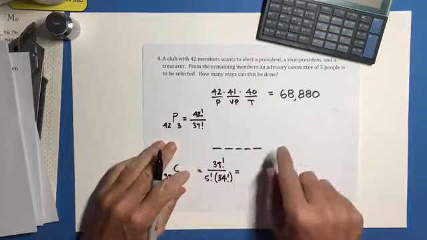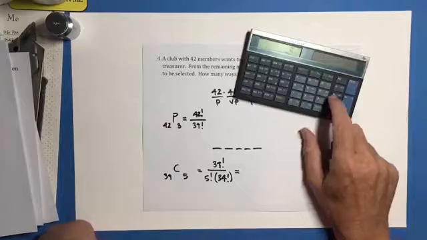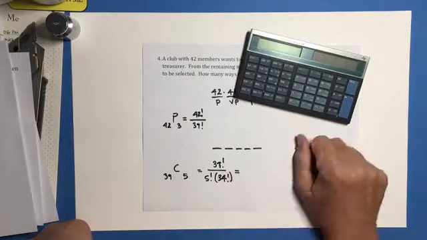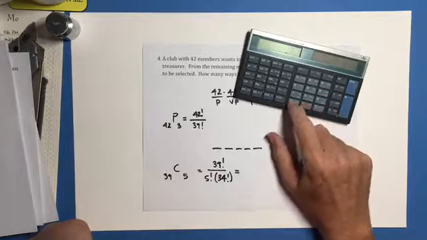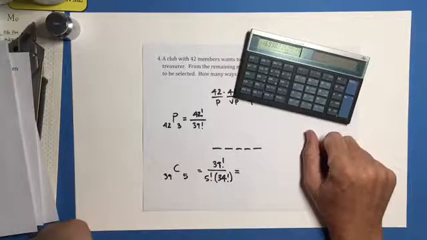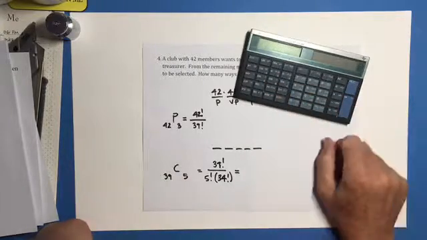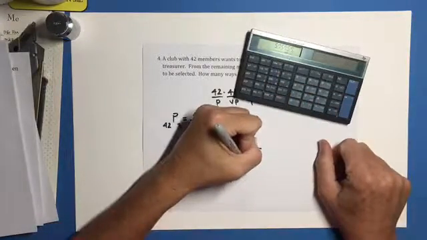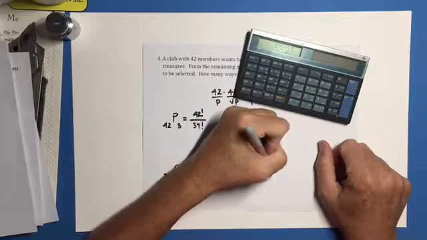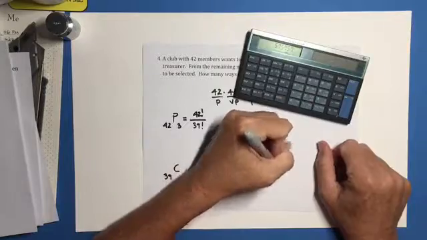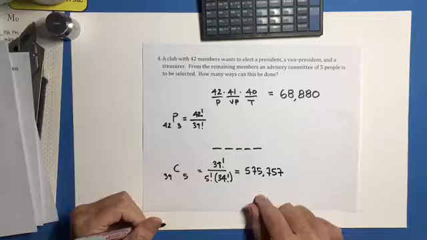That means everything from 34 on down cancels out. So I'm going to take 39 factorial, a huge number, divided by 5 factorial, which I know is 120, divided by 34 factorial. Oh, look at that. There are 575,757 ways to choose 5 committee members.